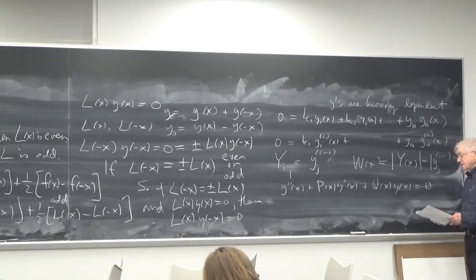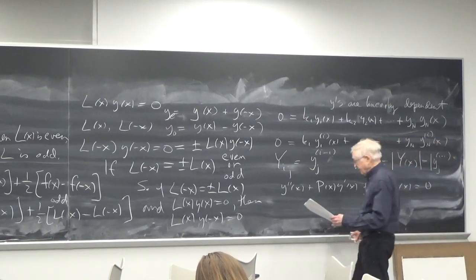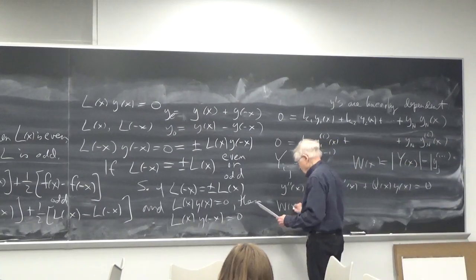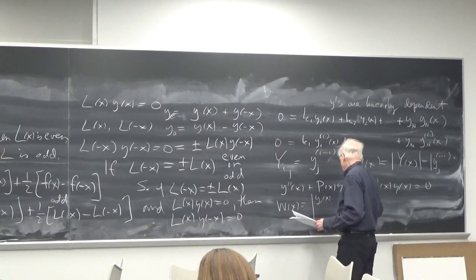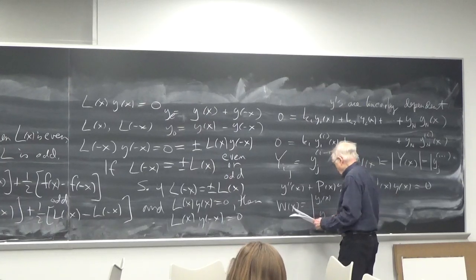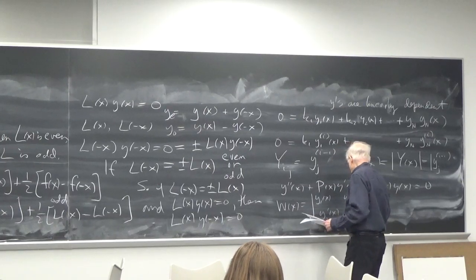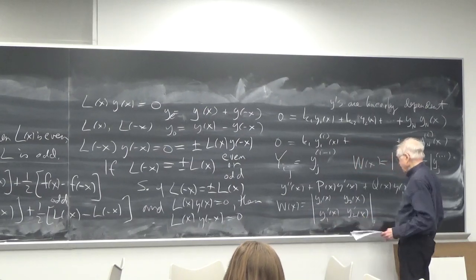So, a second order linear homogeneous equation like that. If y1 and y2 are two linearly independent solutions, then the Wronskian doesn't vanish. The Wronskian, then, being the determinant of y1 of x, y2 of x, y1 prime of x, y2 prime of x, is not equal to 0.